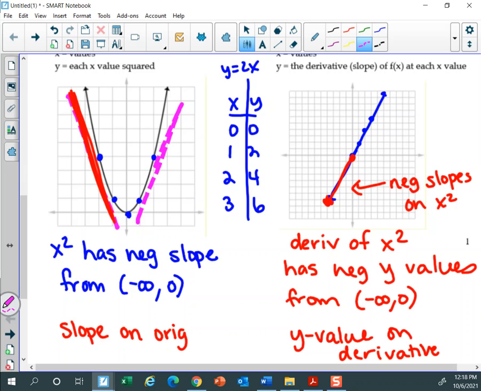So the x squared function has positive slopes. Those are the positive y values that match the positive slopes.